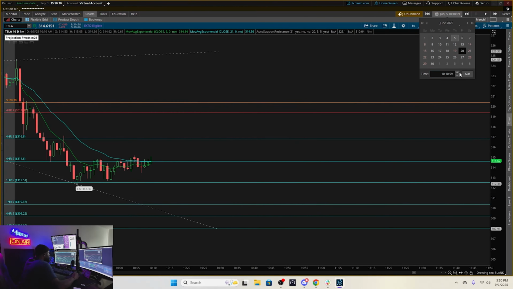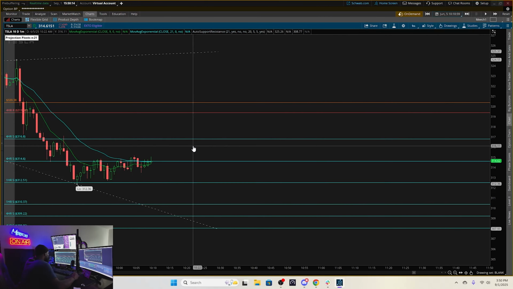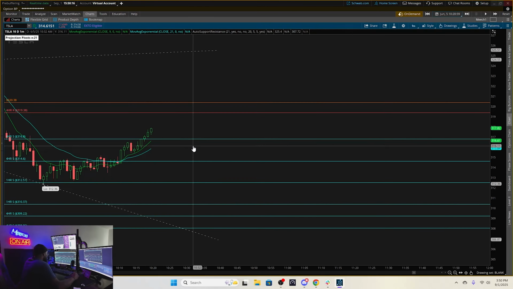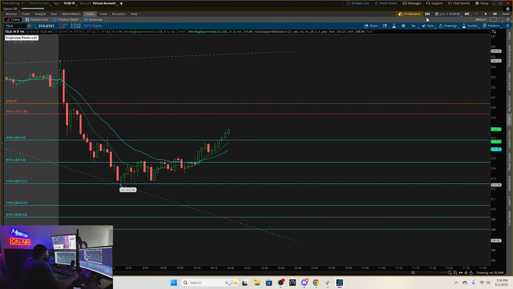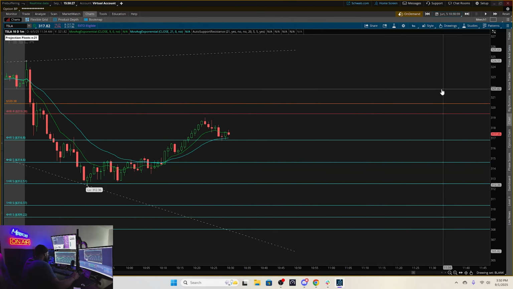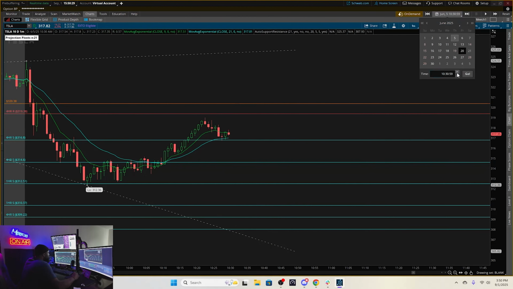Consolidating again still. Let's see. Okay, recover. Let's see if it recovers the whole day. See what happens. Let's see. Does it recover the whole day?